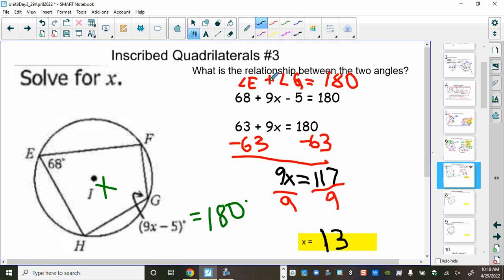Now, again, some of you on your test made the mistake of adding 5. So 68 and negative 5, and you made that 73 plus 9x. Here, you've got to combine like terms.